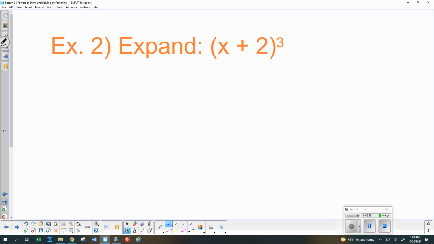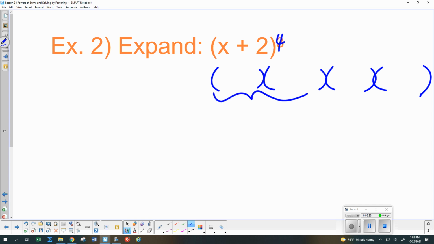Okay, you also may have things to different powers. If I had this to the fourth power, I'll do parentheses times parentheses times parentheses times parentheses. Then I would FOIL these two, and then distribute and get everything all together. I'm not going to do one that wild and crazy today. We're just going to do the third power like this one really says.